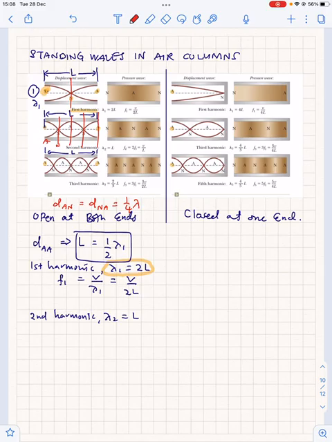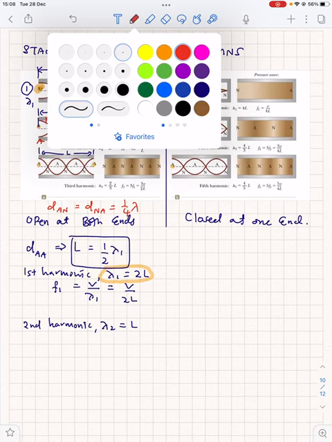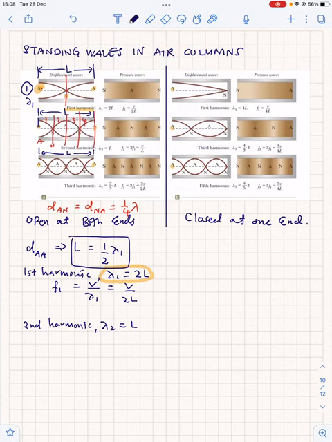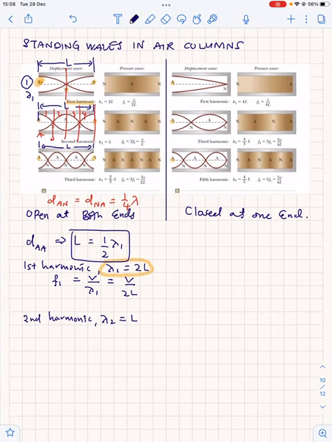So we have 4 segments, which basically gives lambda 2 equals L. So the frequency of the second harmonic will be V over L, which equals 2 F1, 2 times F1.